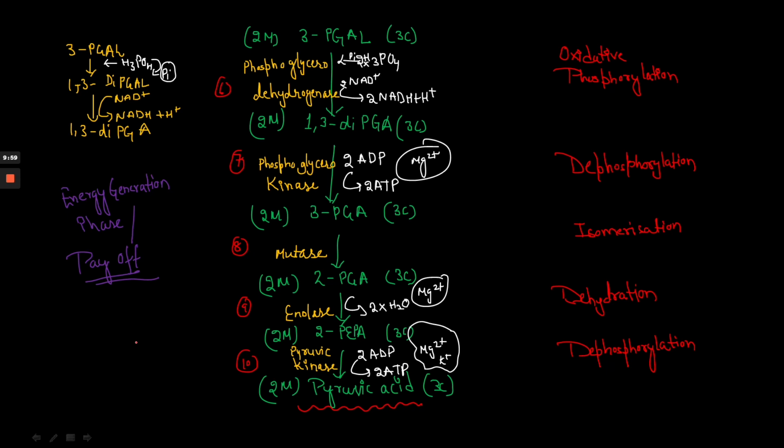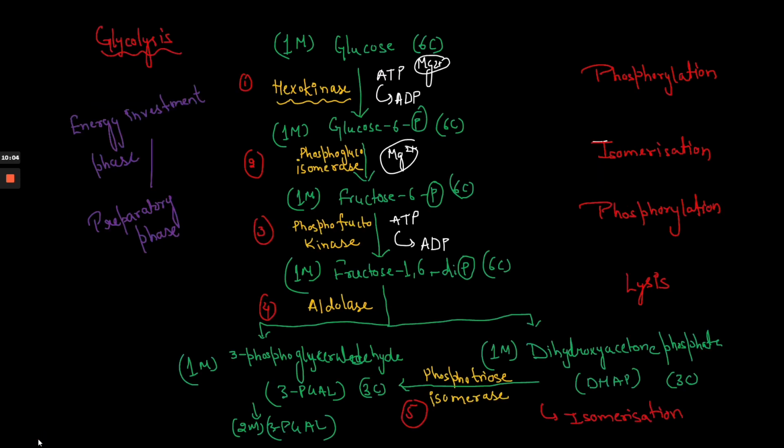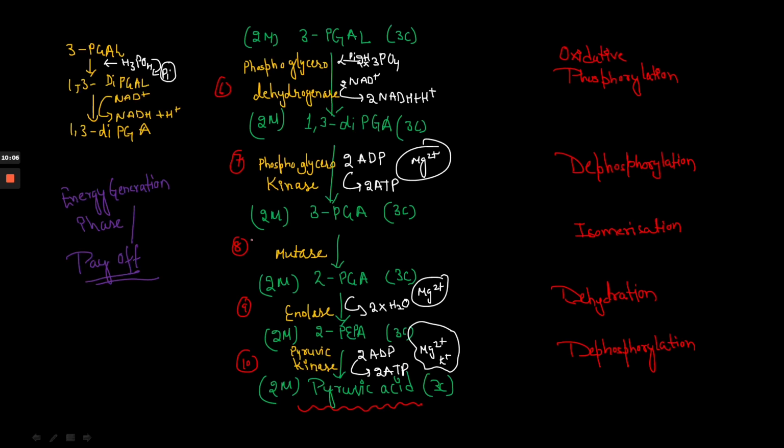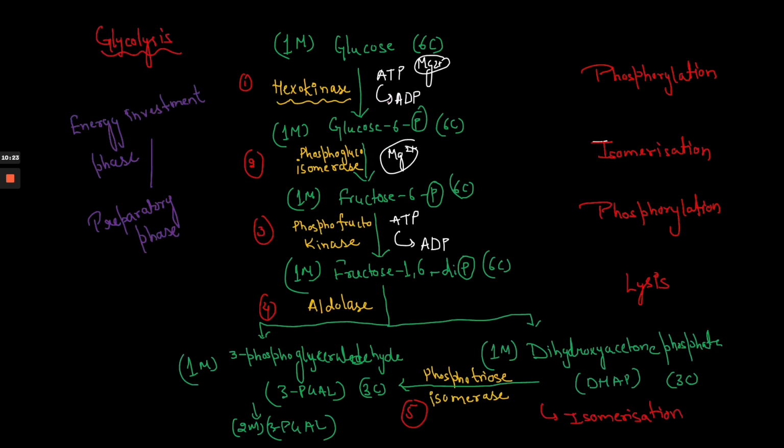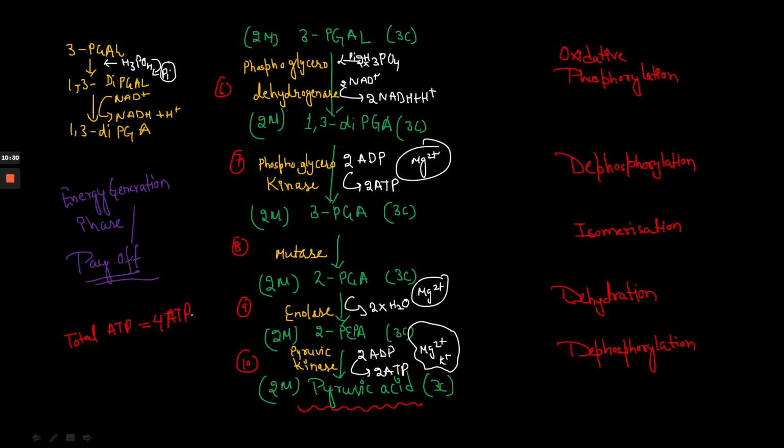Also, if you look at the whole process of glycolysis, you can see here we have produced 2 molecules of ATP and here 2 molecules of ATP are being produced. So total ATP produced is 4 ATP. But in the first 5 steps, we have seen that 2 molecules of ATP are also being utilized and converted into ADP, right? So 4 ATPs are being produced, 2 have already been utilized.